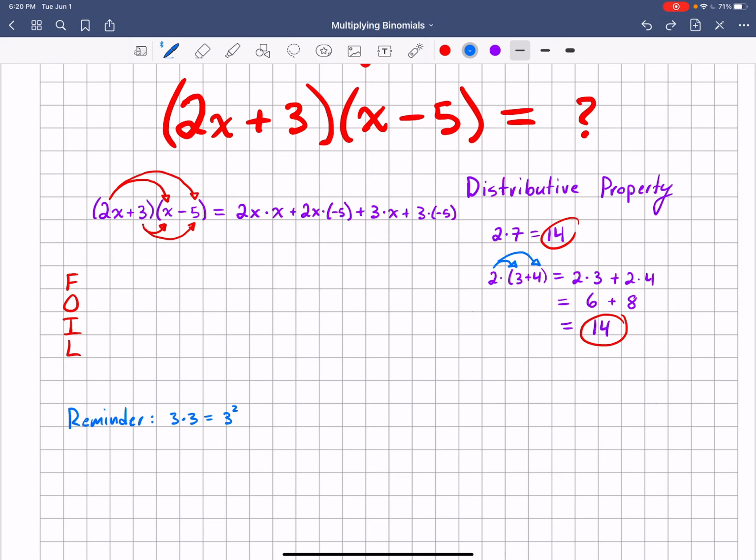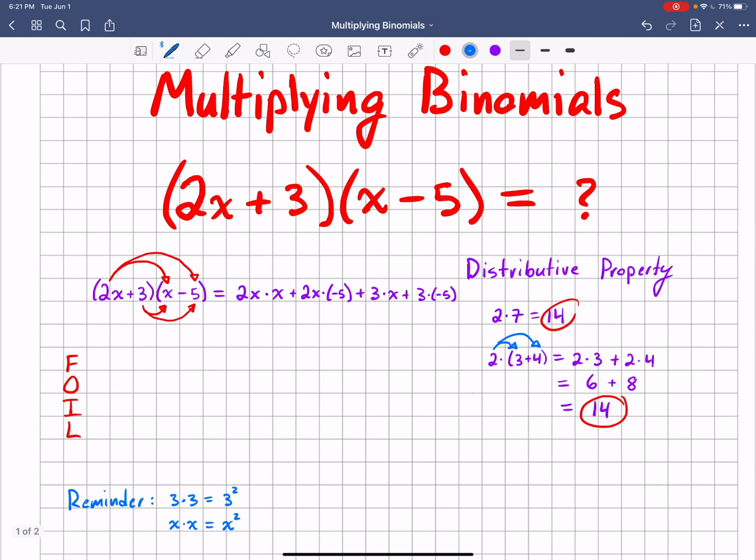If we make this more general, what if we talk about the variable x times the variable x? Well, that is x to the power 2, or x squared. So we need that for this simplification.